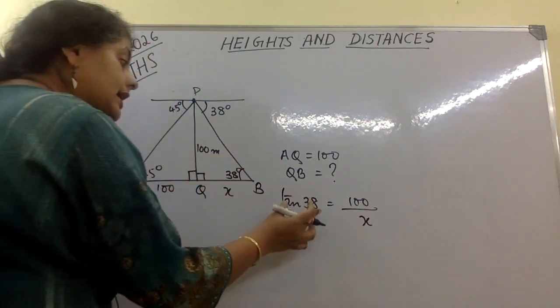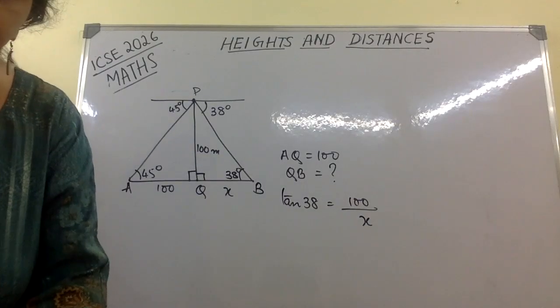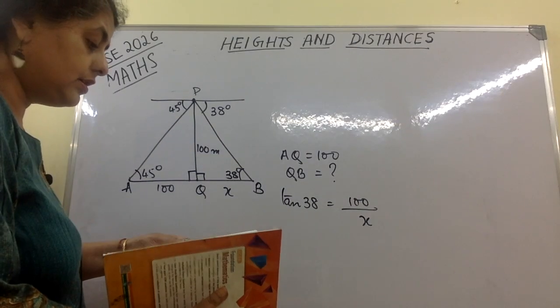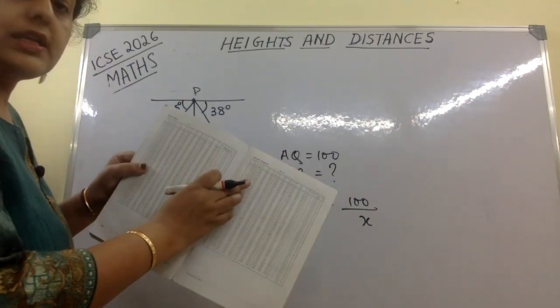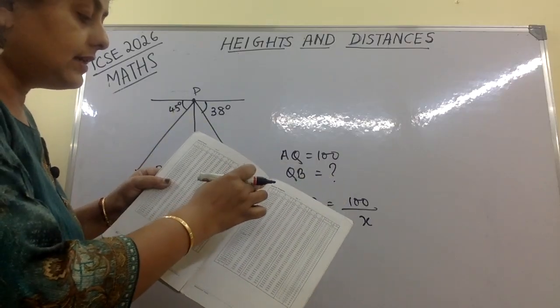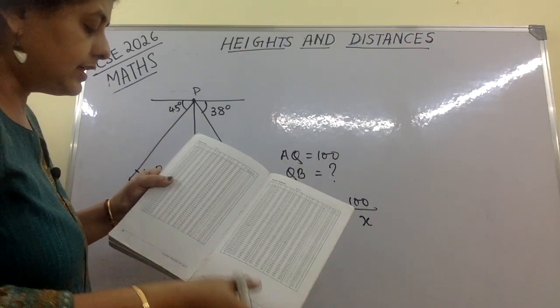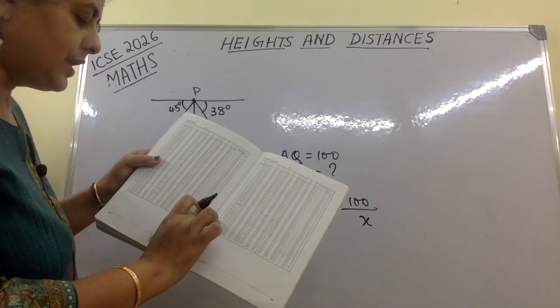How do we find tan 38? Now let me check in the table behind your textbook. You'll be given the trigonometric table. You see here, there is something called natural tangents behind your textbook. See the leftmost column, and there you will find this 38 degrees.